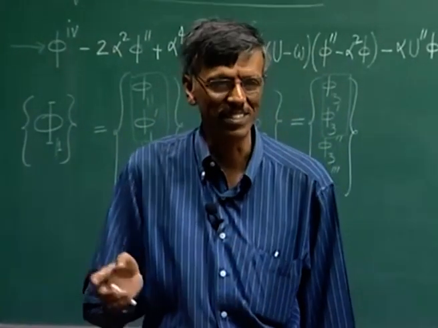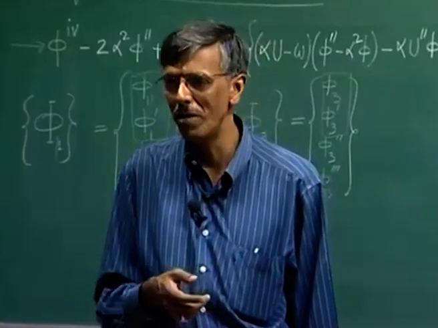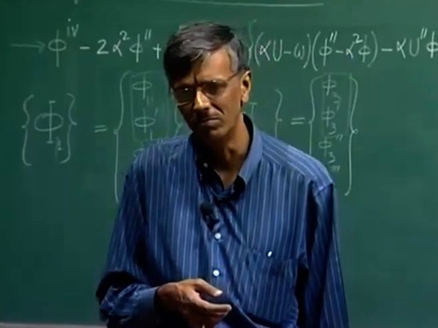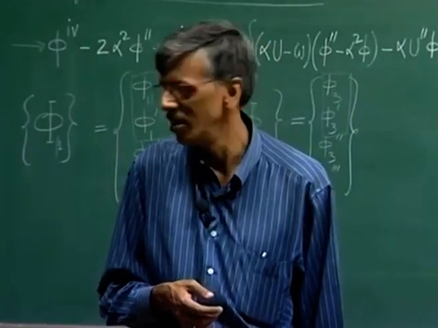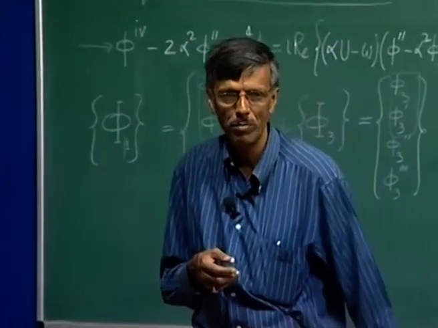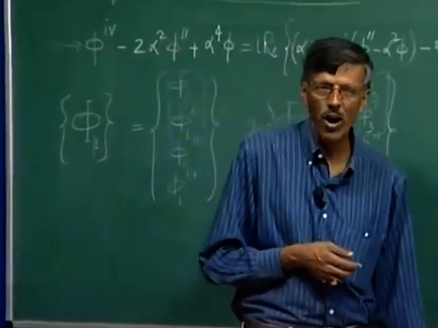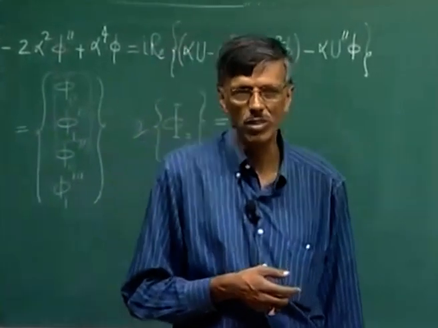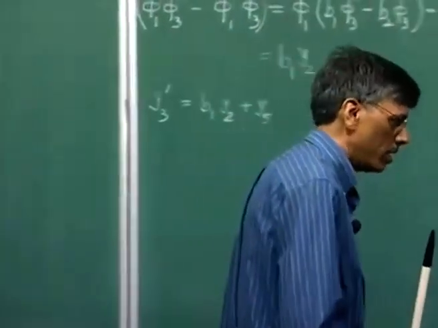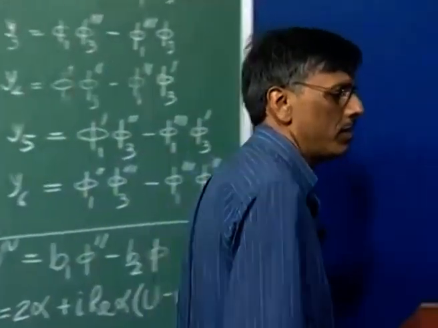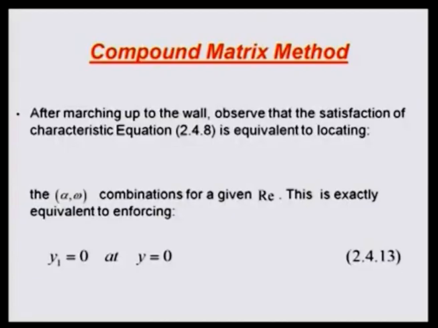What people have been waiting for a long time, nearly 60, 70 years, was fulfilled by this compound matrix method. In one go, analytically, we have removed the stiffness of the problem by a clever design of the method. This is the reason that we started looking at this.